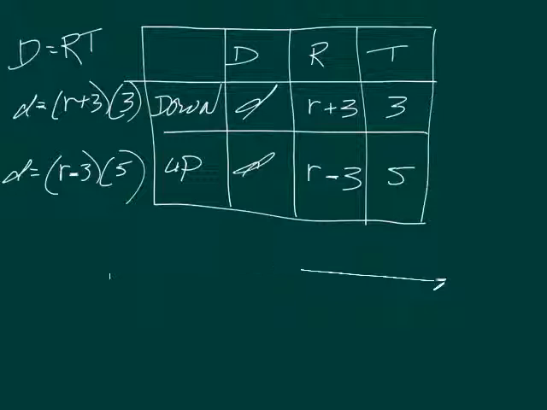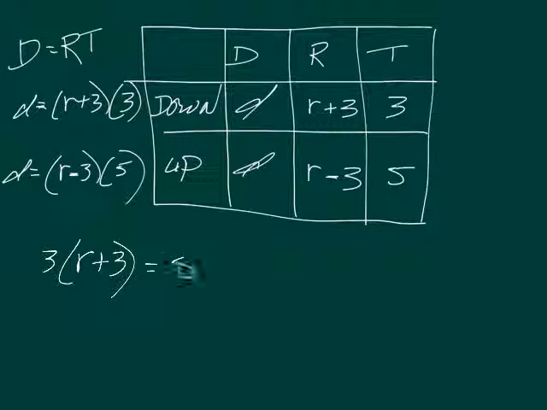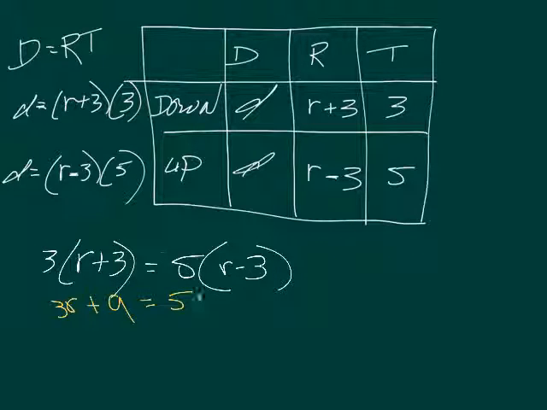So if our distances are the same, then D equals D, which means this equals this. So I can write this as 3 times R plus 3, my first one, downstream, equals 5 times R minus 3. And if I do my distribution, I've got 3R plus 9 equals 5R minus 15.